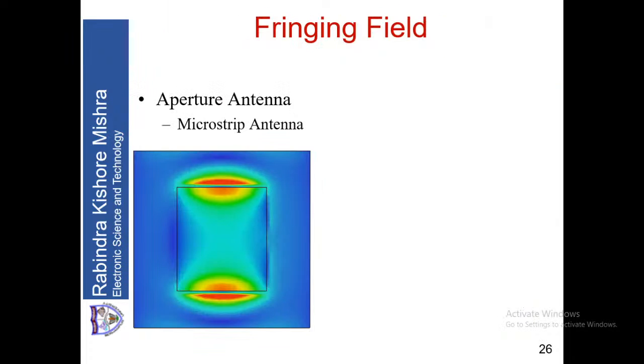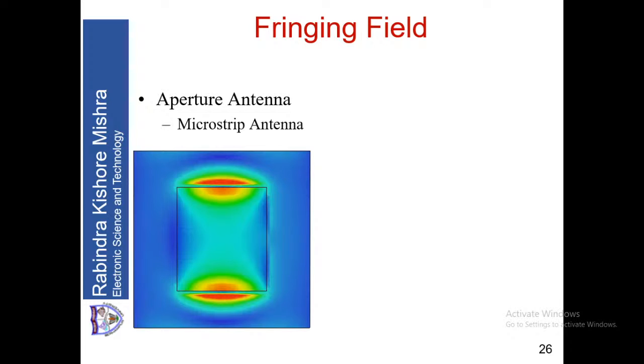Now, for the fringing field, what we have seen up to now is the microstrip antenna. At both ends, there are two apertures in which there is electric field, and those fields are radiating.